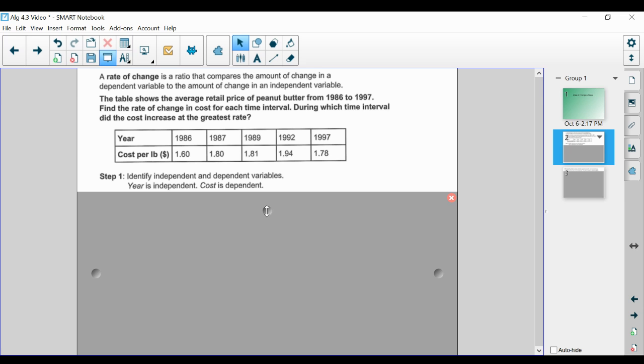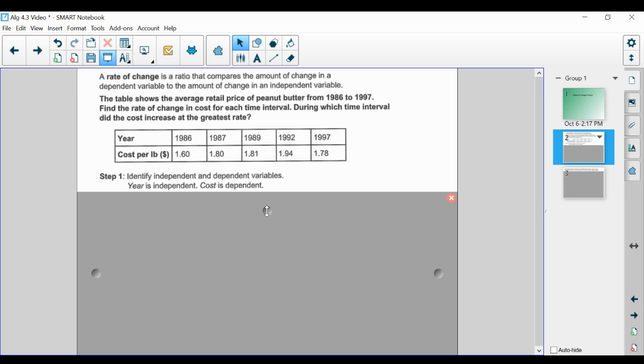So if you ever see money, again, 90% of the time, that is going to be your dependent. Because it depends on how much is purchased, it depends on how much is sold, it depends on how much you buy, it depends on how much you sell, right? There's a lot of different dependencies that money has to it.